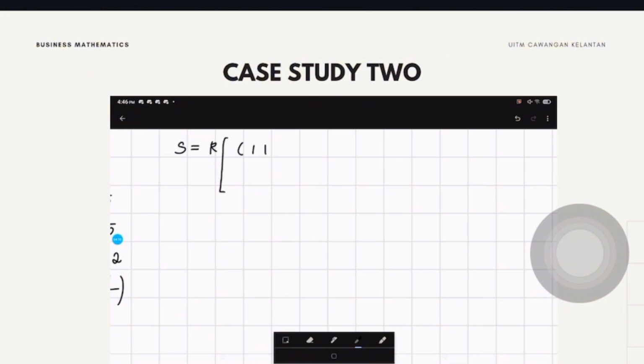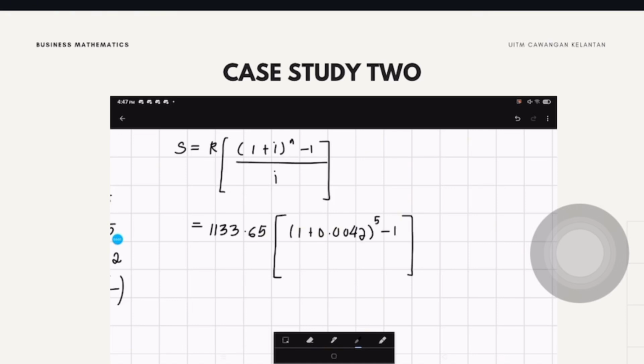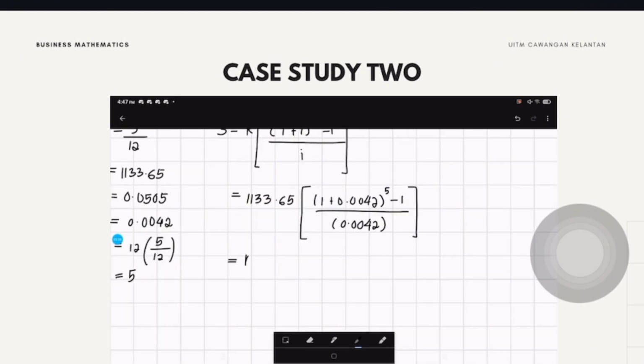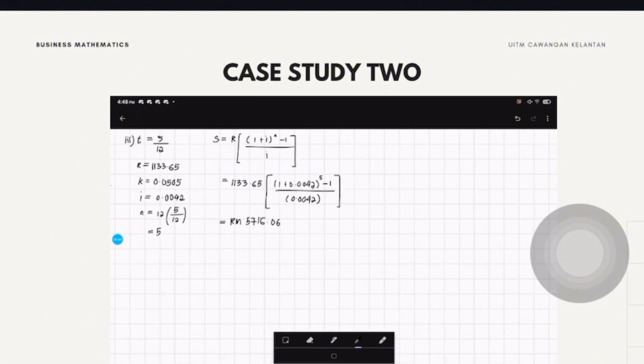For this question, we use the future value formula. Then 1133.65 times 1 plus 0.0042 to the power of 5 minus 1 over 0.0042, and equals 5716.06.